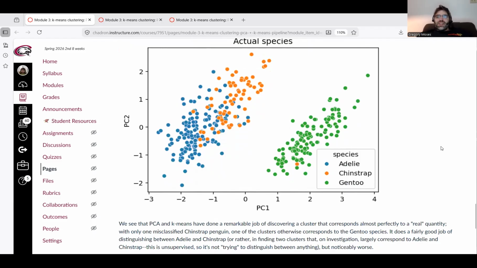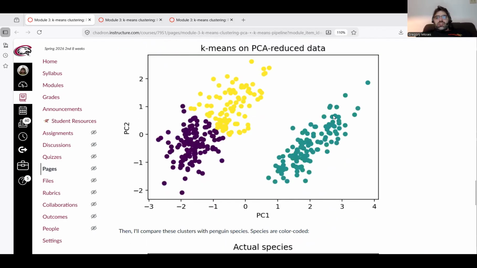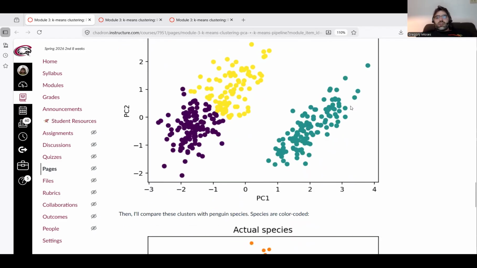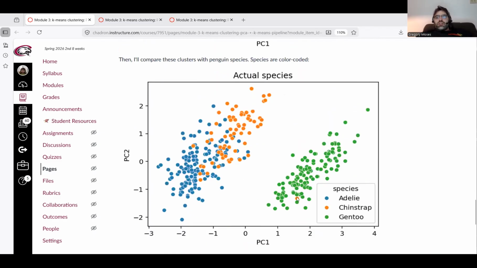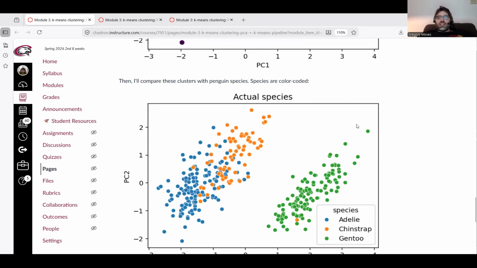We can take a look at the actual species. And we can see that this cluster down here does a very good job of representing Gentoo, don't know how to pronounce it, but a very good job of representing this penguin species.